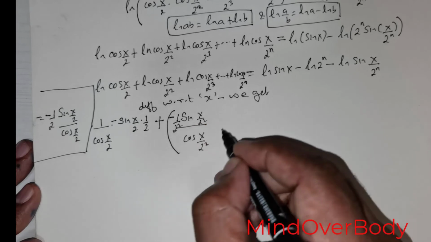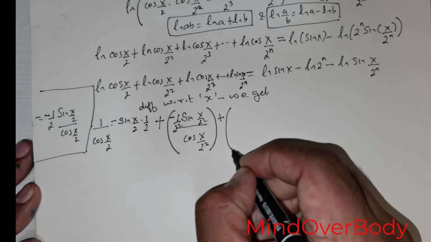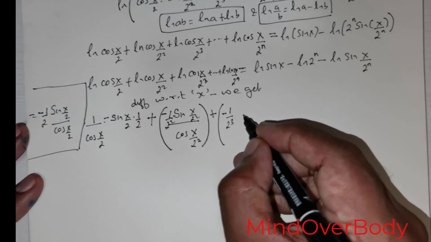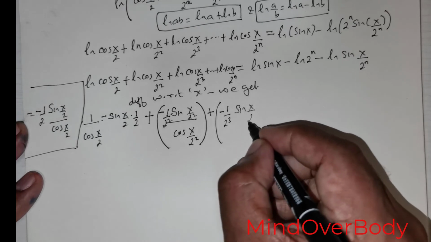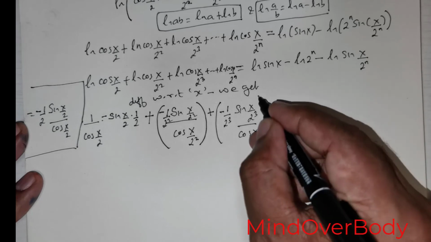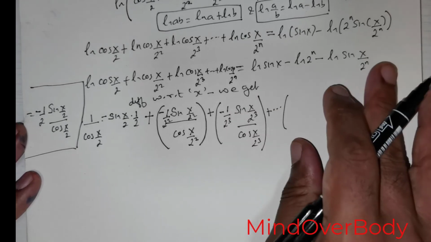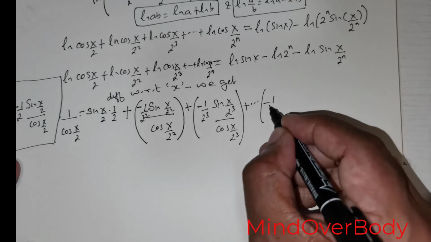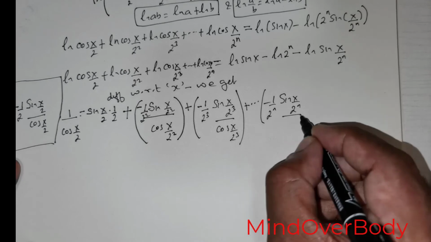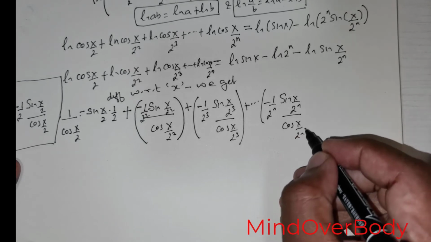So this is what we have got. So the next thing is plus, same thing, 1 over 2^3 times sin(x/2)^3 divided by cos(x/2)^3, plus etc. This one is going to be negative 1 over 2^n times sin(x/2)^n over cos(x/2)^n.